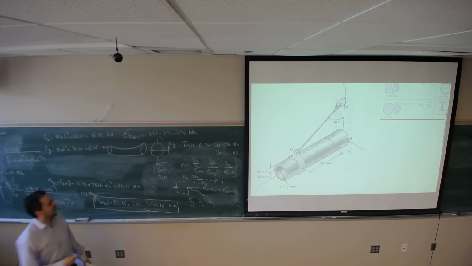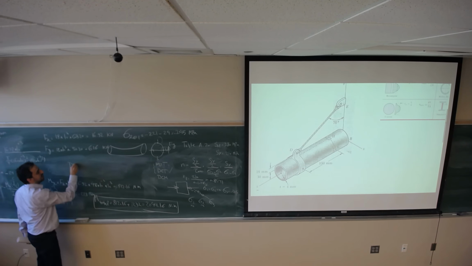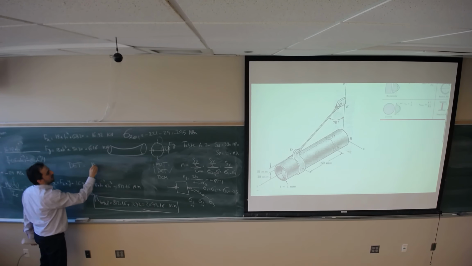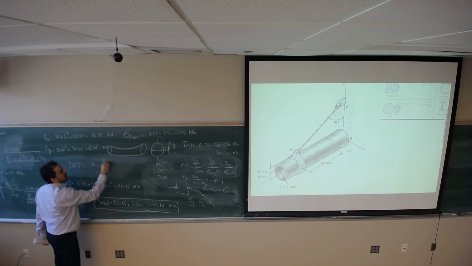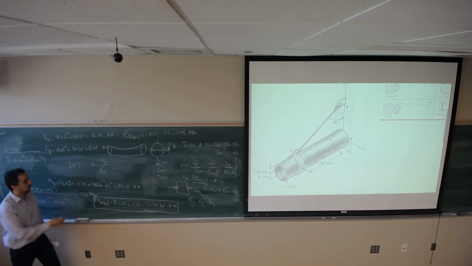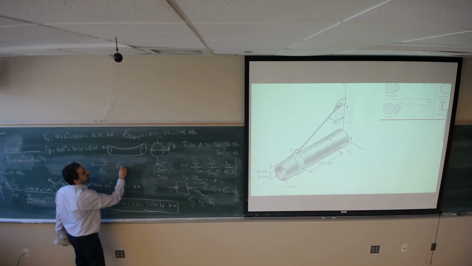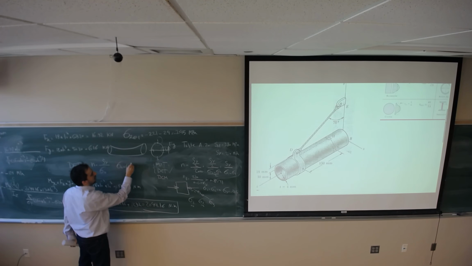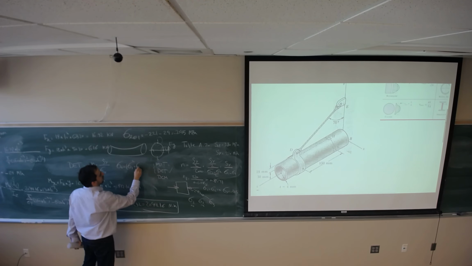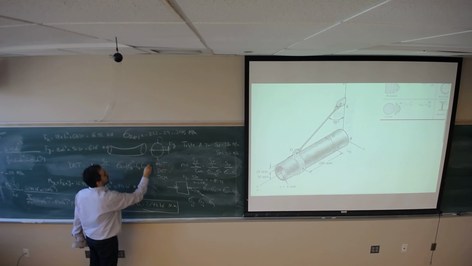All right, distortion energy theory. The factor of safety was SY divided by the von Mises stress. The von Mises stress, we name it sigma O or V, whatever, can be obtained by the square root of sigma A squared minus sigma A times sigma B plus sigma B squared.